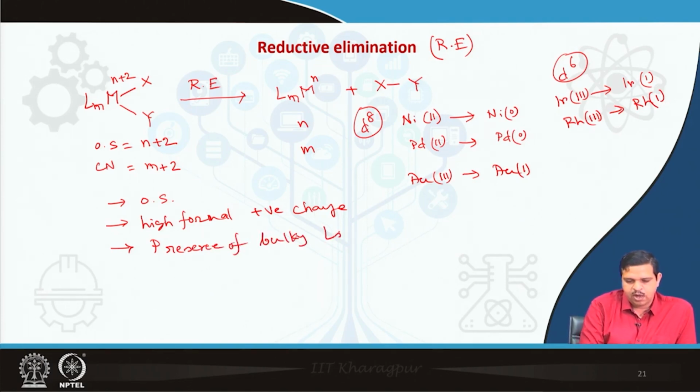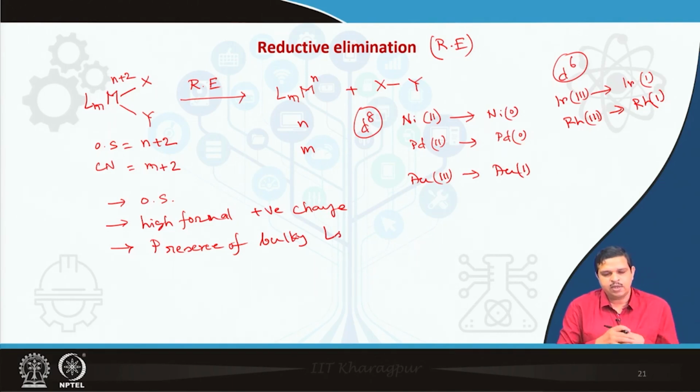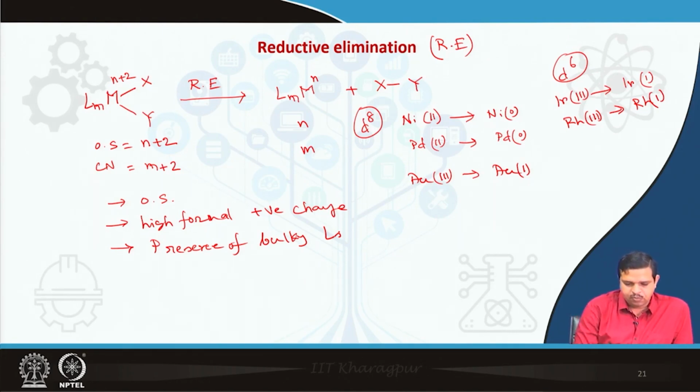That means if there are a lot of bulky ancillary ligands, reductive elimination will be more favorable, because it will reduce the steric hindrance by eliminating this X and Y.